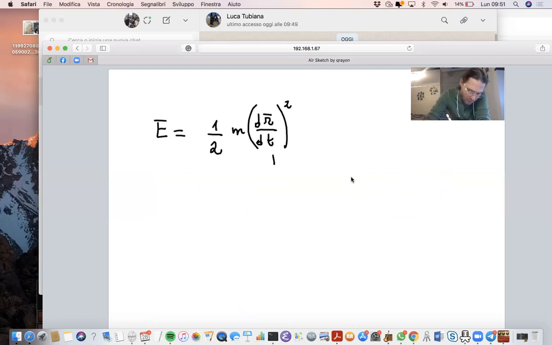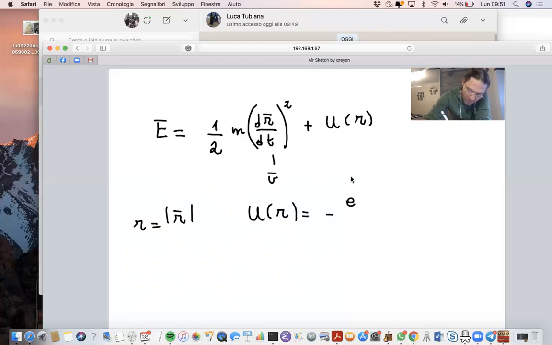This is my velocity, plus my potential energy for the Coulomb. Now, the potential energy only depends on the radius r, defined as the modulus of the vector r, because remember, the potential energy for the Coulomb, this we haven't discussed.